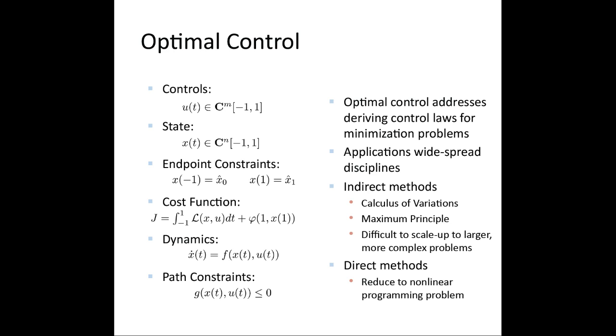Spectral methods are direct methods which enable us to reduce the optimal control problem in infinite dimensional function space to a nonlinear programming problem that can be solved using an optimization solver.